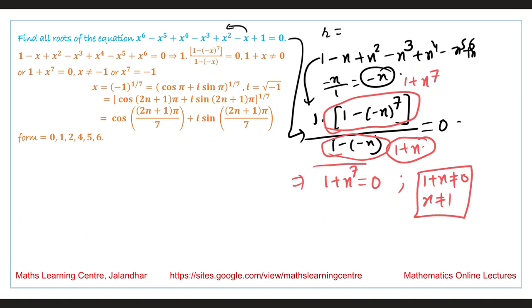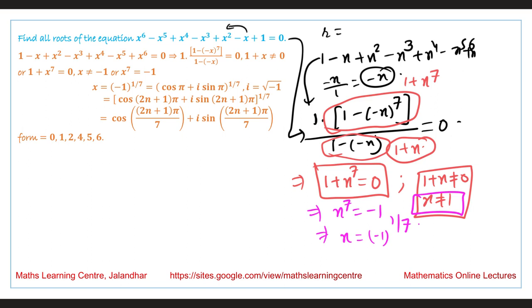So we have to solve 1 plus x raised to the power 7 is equal to 0, so x raised to the power 7 is equal to minus 1. It means we have to solve x is equal to minus 1 raised to the power 1 by 7, and another condition we have over here is x is not equal to minus 1.